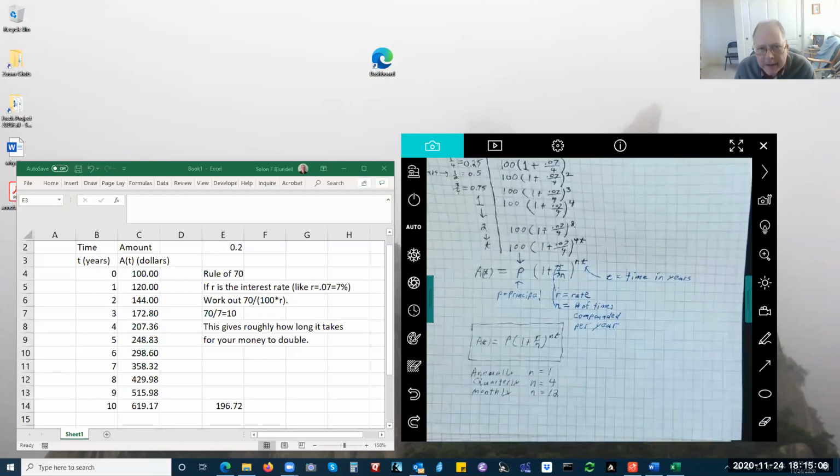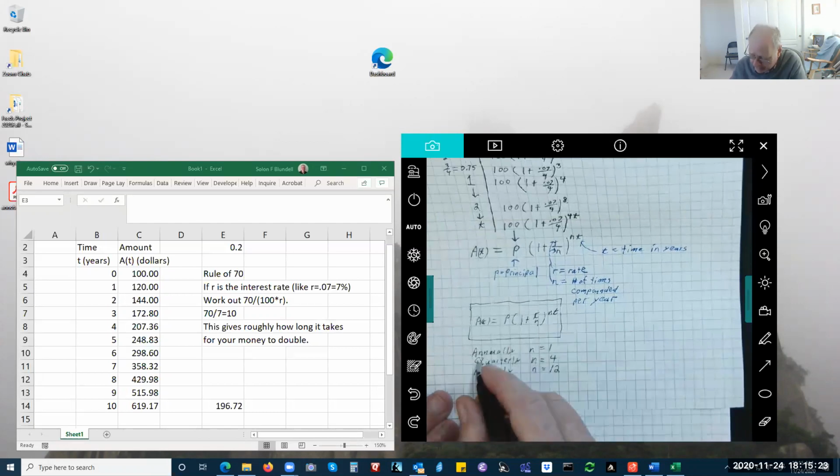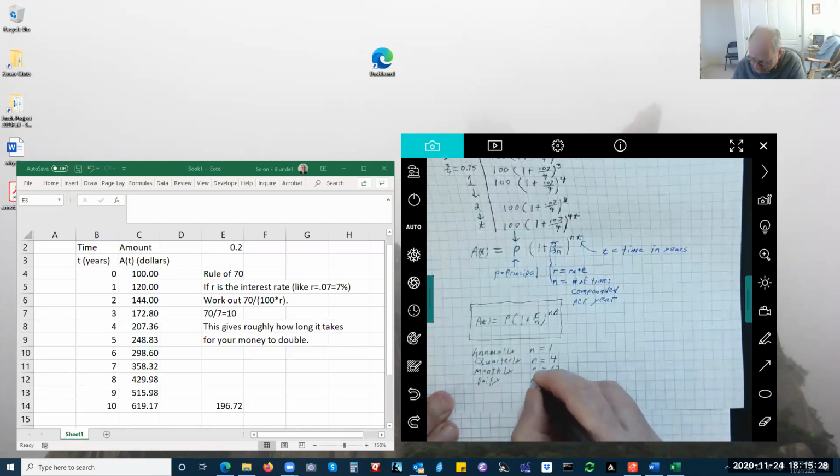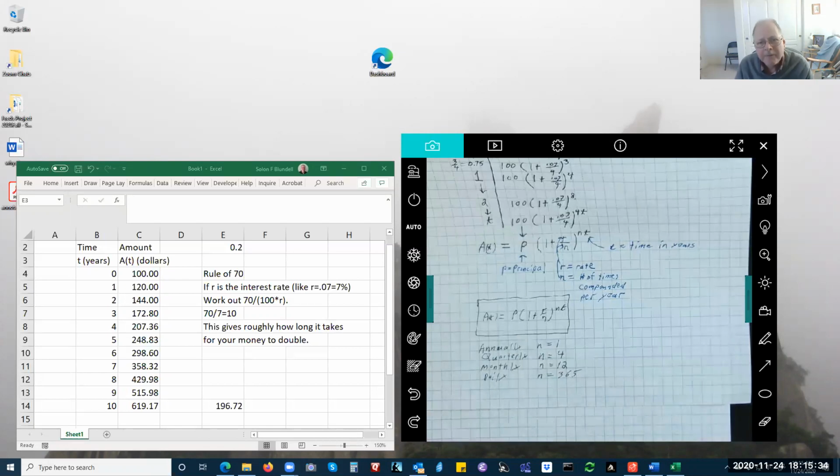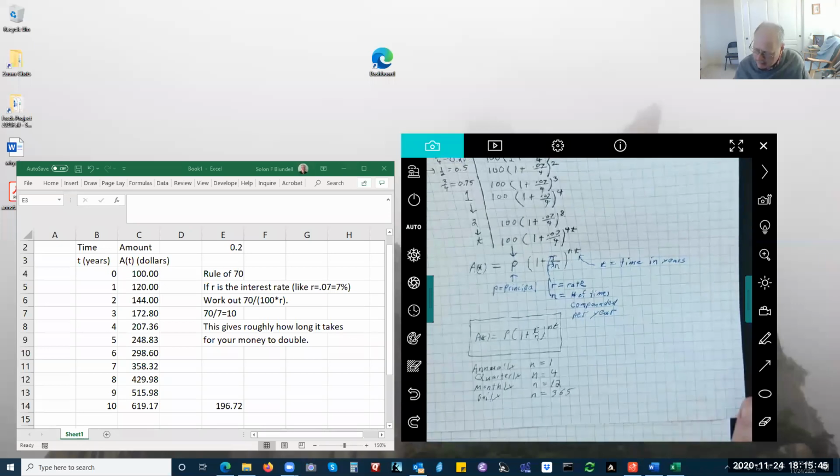And for this purpose, the bank will sort of pretend that all the months are equally long, right? 365 days, you can't divide it by 12 exactly, but they pretend. And then daily, and so forth. Now, let's see.